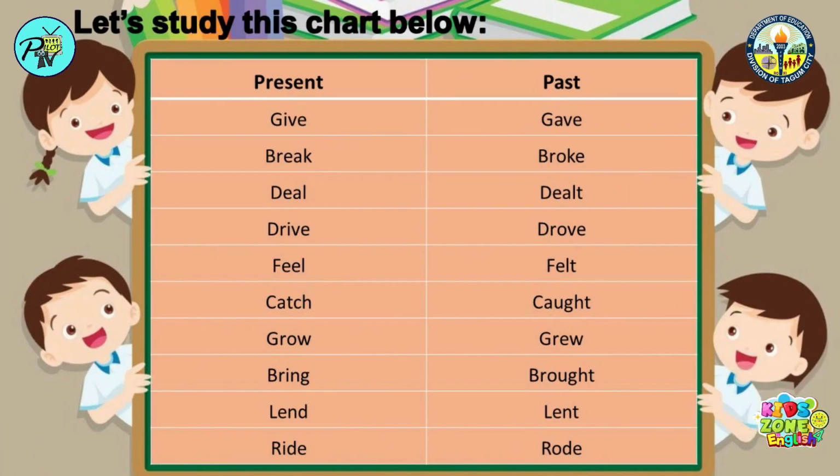Let's study this chart. Past tense irregular verb. Give, gave. Break, broke. Deal, dealt. Drive, drove. Feel, felt. Catch, caught. Grow, grew. Bring, brought. Lend, lent. Ride, rode.